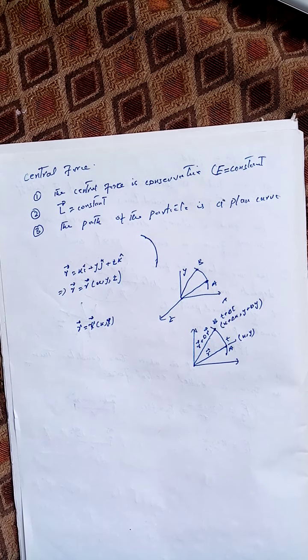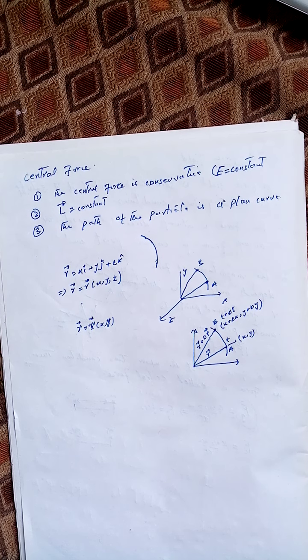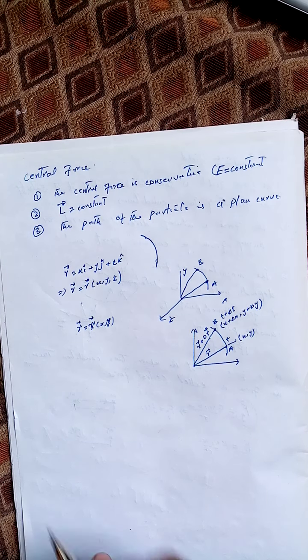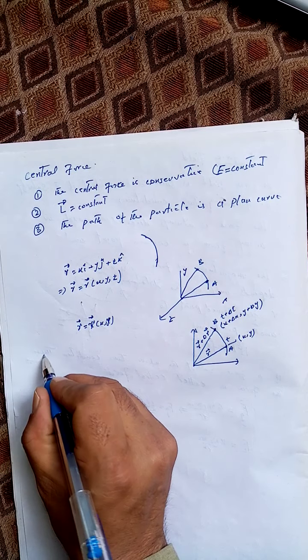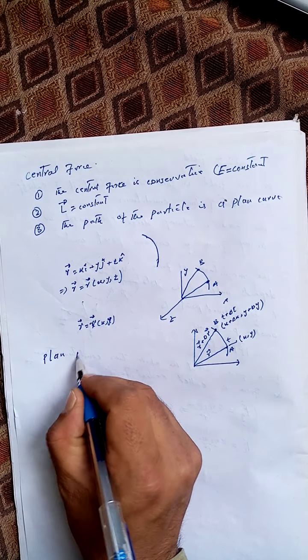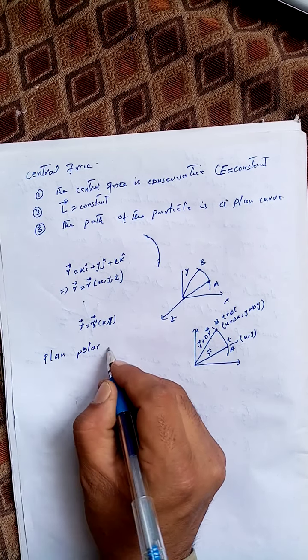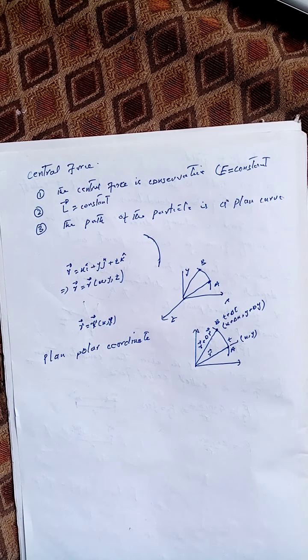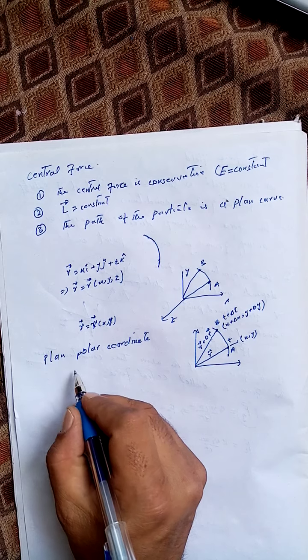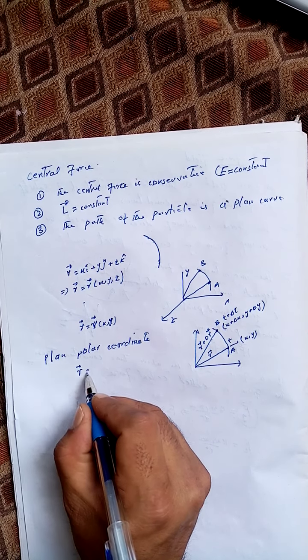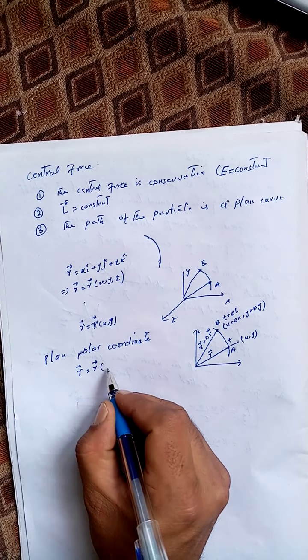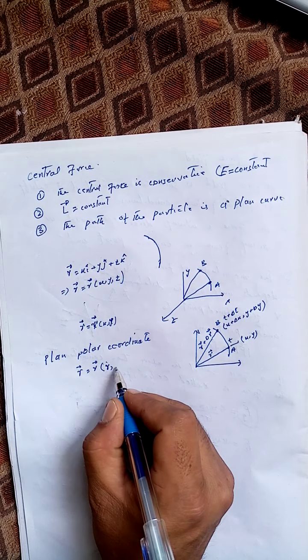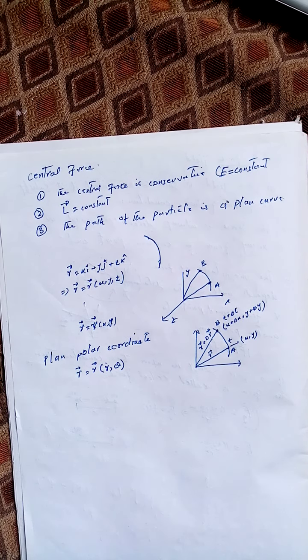Now there is another coordinate system which is called plane polar coordinates. In this coordinate system, we can represent the position vector as a function of two quantities. One is r and the other is theta.